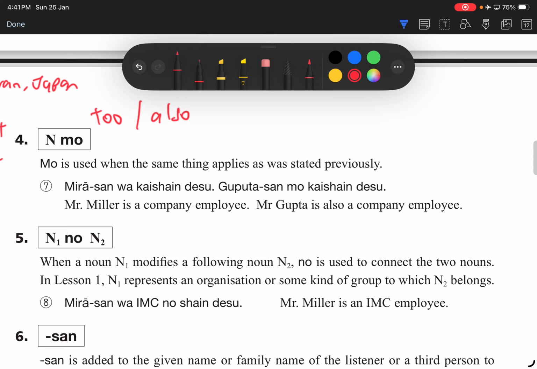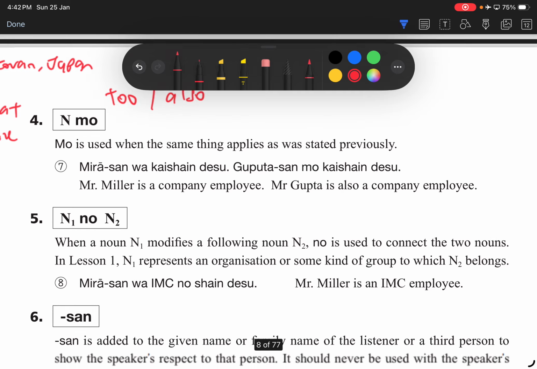Whatever information we want to say has been repeated before, we use the particle mo to emphasize that it's a repeat. So it has higher precedence over other grammar particles like wa, or whatever particle you learn in this course. The also particle mo will take the highest priority.